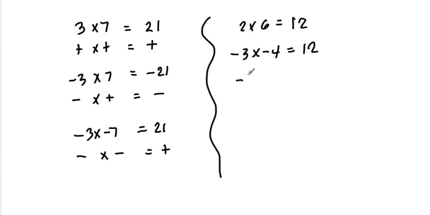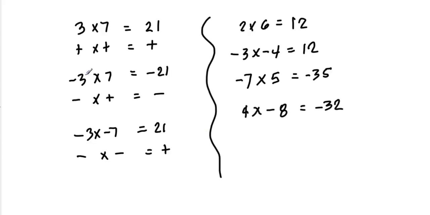If I have negative 7 times 5, you have a negative times a positive, which gives a negative result, so that's negative 35. If I have 4 times negative 8, you have a positive times a negative, which results in a negative, so that's negative 32.